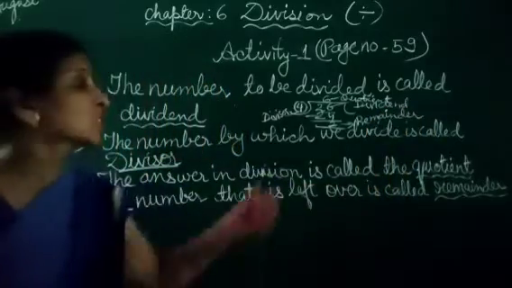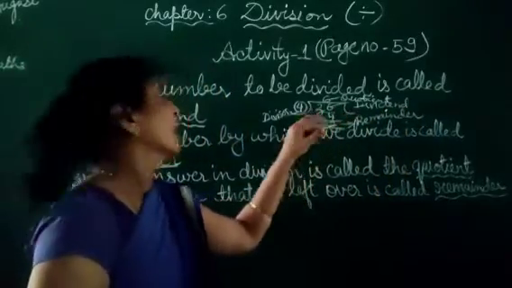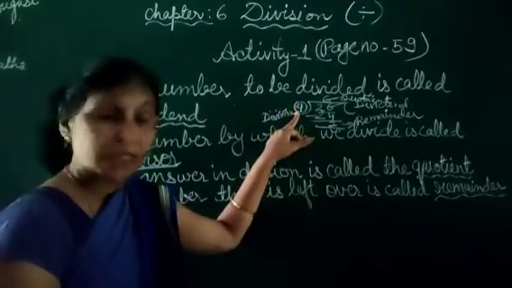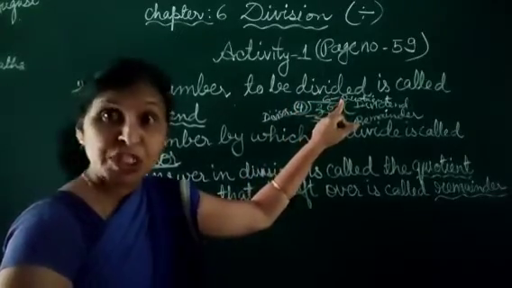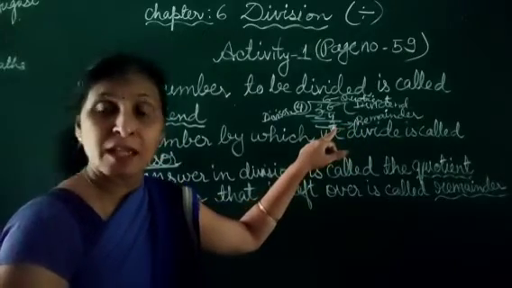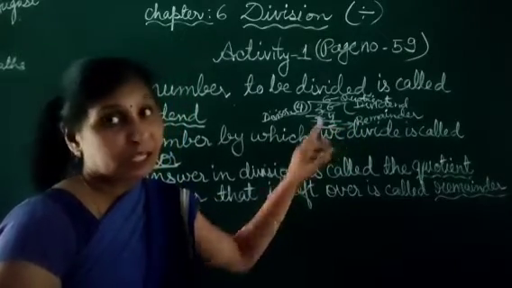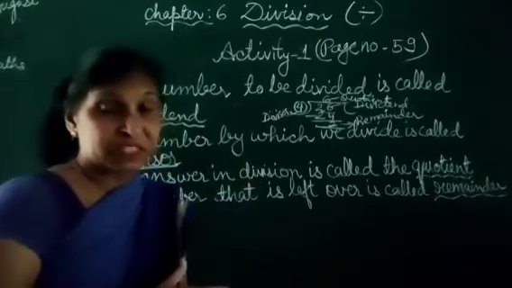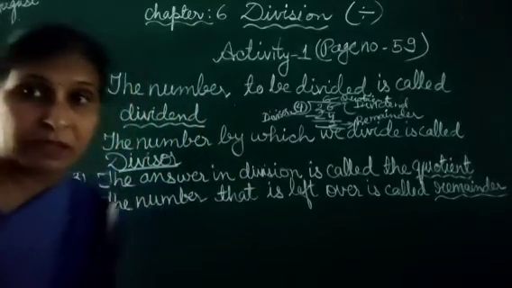Again I repeat, in this symbol, this is the dividend, this is the divisor, this is the quotient, and this is the remainder. Clear? Now you remember all the terms and their definitions.